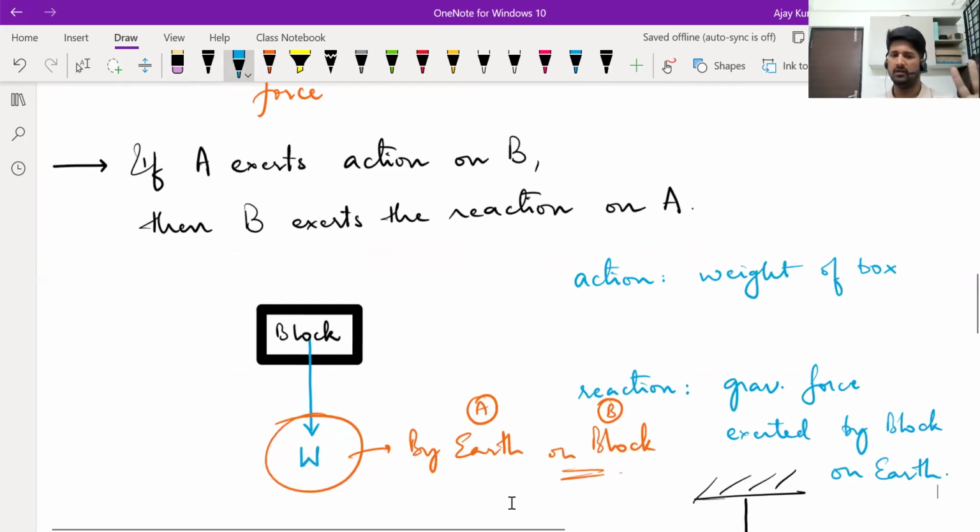Even if there is a table, let's bring the table back into the picture. Even if there is a table, weight is the force exerted by the earth only, not by the table. Weight is created by earth. Reaction will be on earth only. The normal force is not the reaction to weight of the block. Is this point clear to all of you?